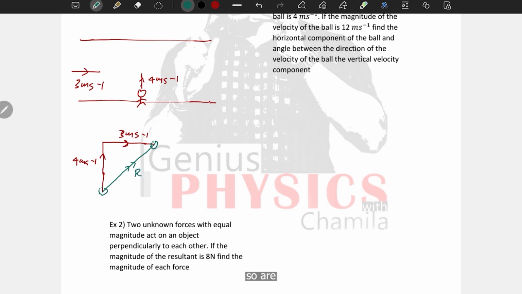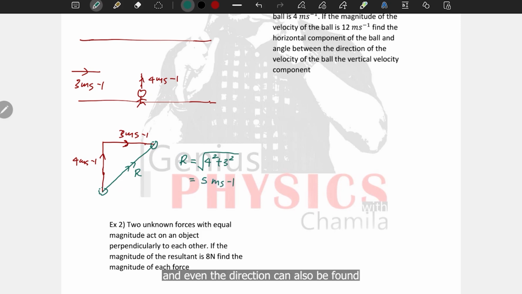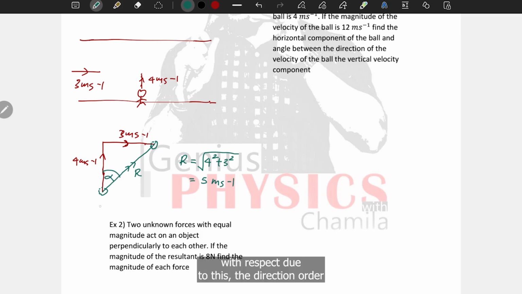So R is now equal to the square root of 4 squared plus 3 squared. It's a very popular Pythagorean triple, so you end up getting 5 meters per second. This is the resultant velocity of the person, and the direction can also be found with respect to the banks or with respect to the vertical direction.